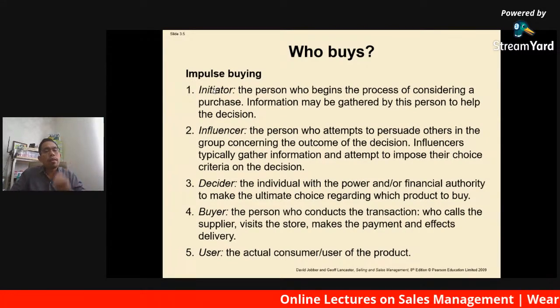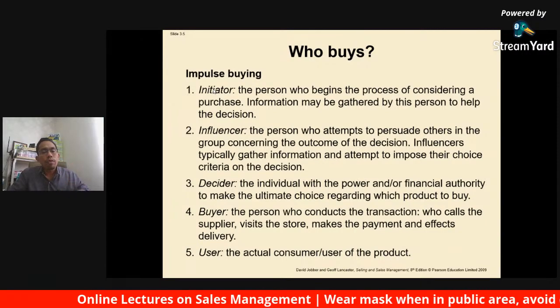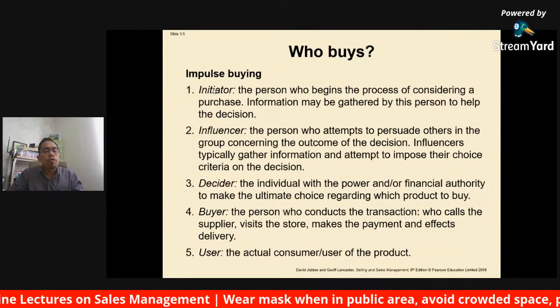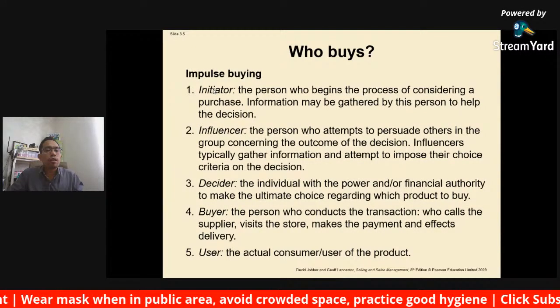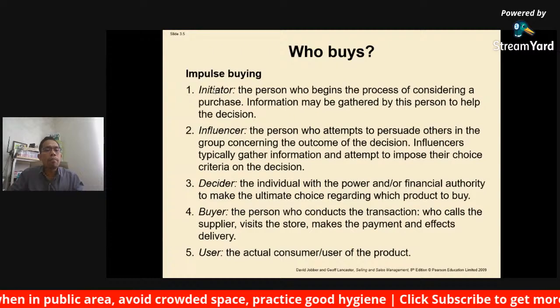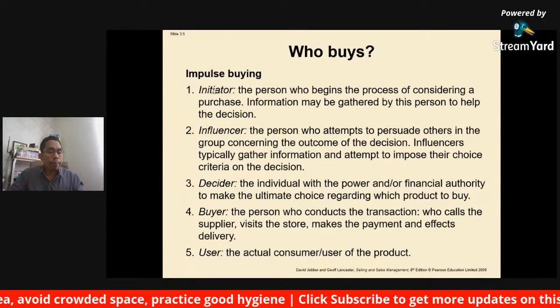And third, you hear about that as a manager, and think that's a good idea. So the decider is the individual with the power and financial authority to make the ultimate choice regarding which product to buy.